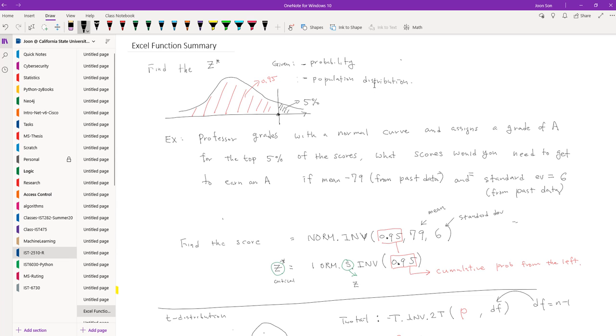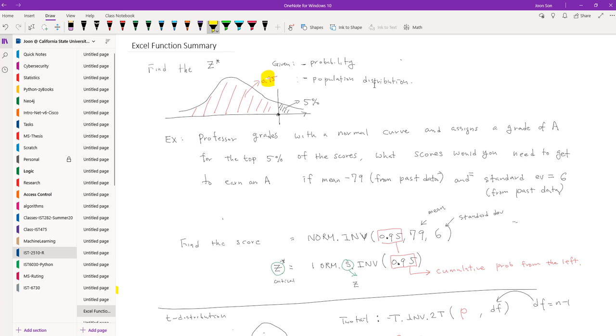Let's say we have a z distribution, so this is not a t-distribution. We have a normal distribution. As you can see, the area to your left is, let's say, 0.95, like 95%. That's a probability.